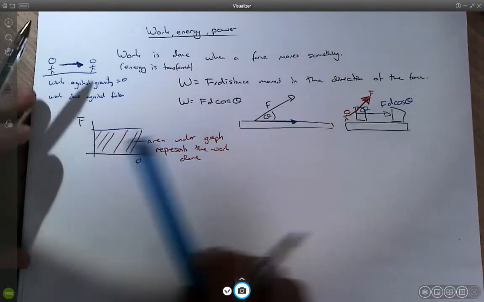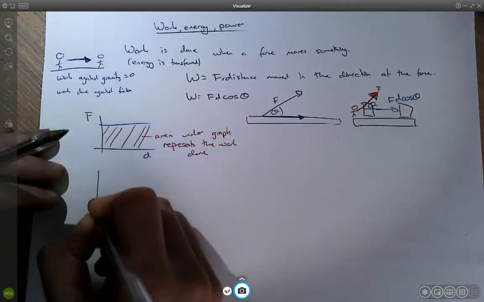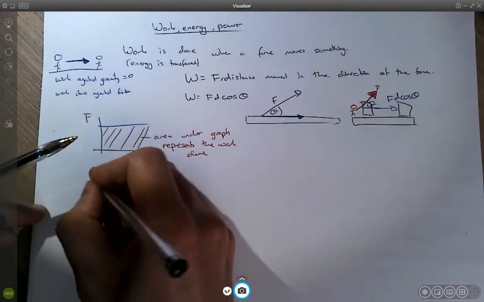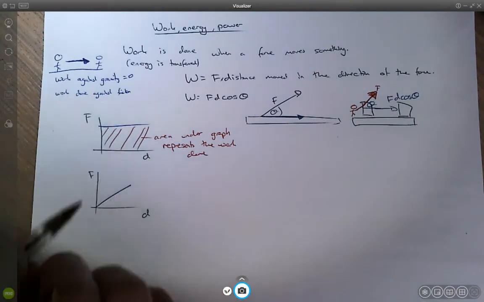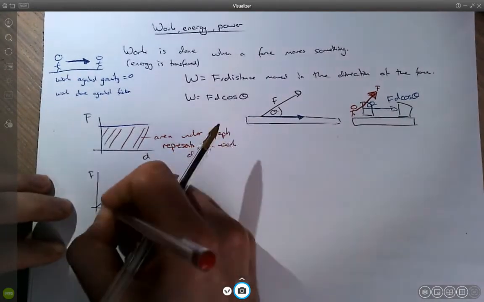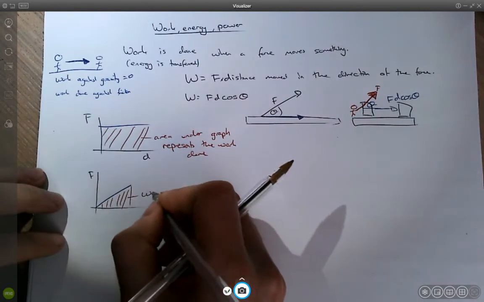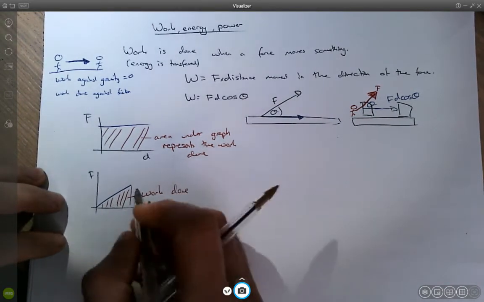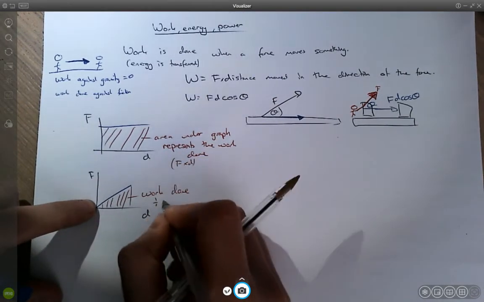If we're talking about other objects, maybe like springs, which you look at in the materials section, maybe the graph is something like this, where it's not a constant force, the force is changing. So again, the energy transferred is also the area under the graph. Here, this would obviously be F D. Here, we've got half F D.